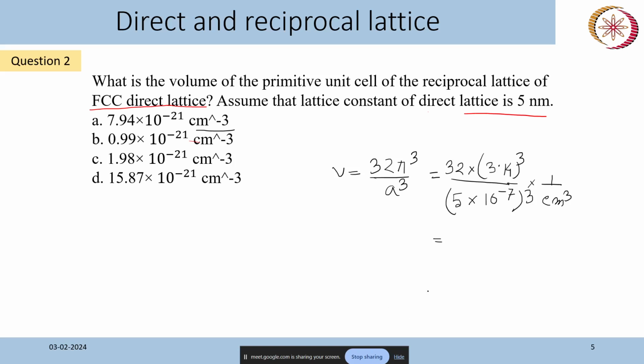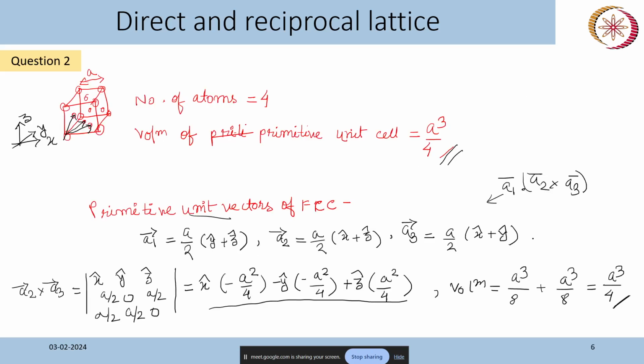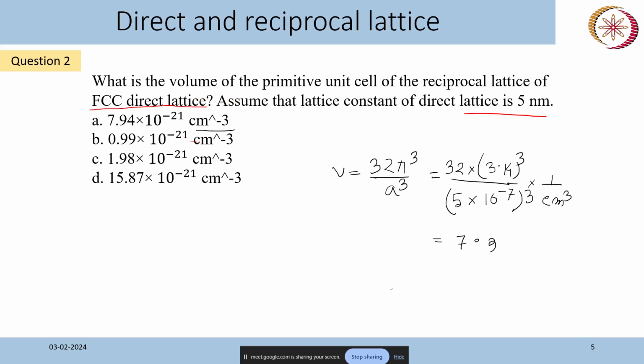So the answer is 7.993 I got in the calculation, times 10 to the power 21, per centimeter cube. Okay.